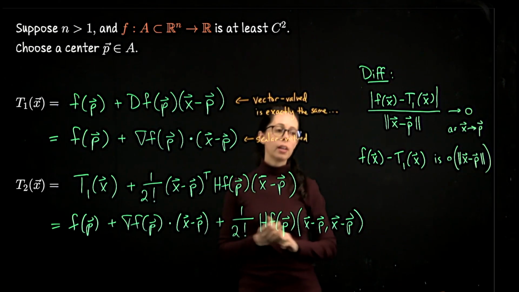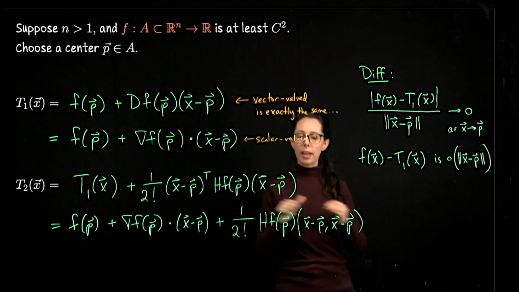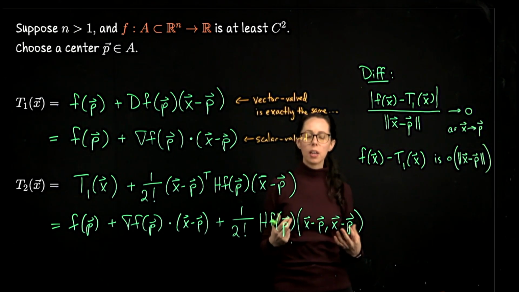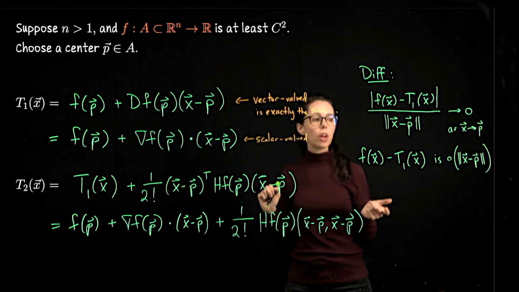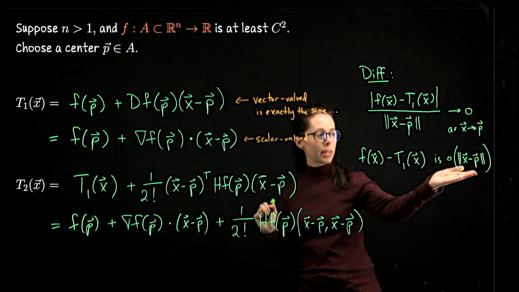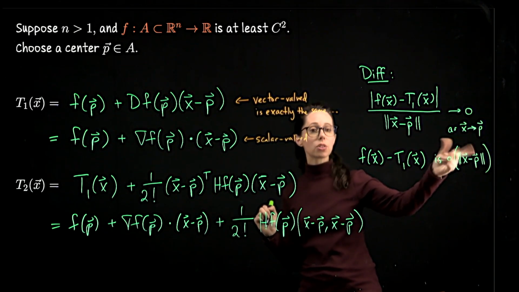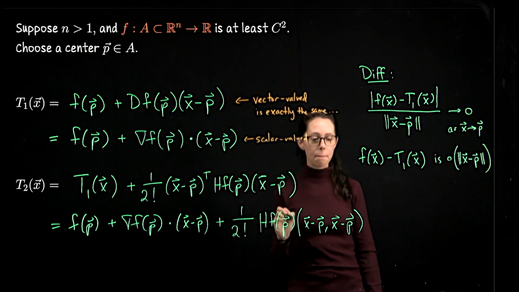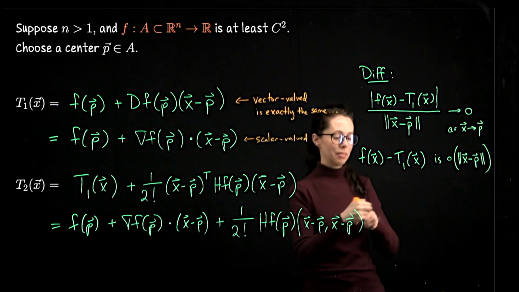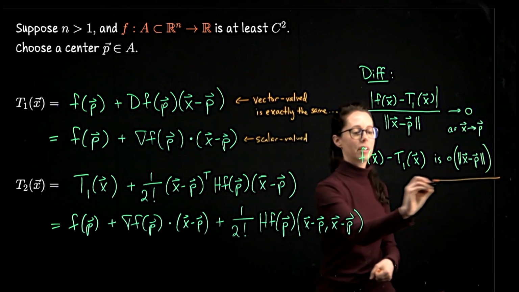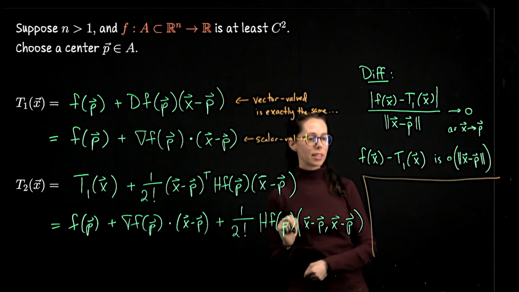And also, we want to check that the remainder, so the error between f and its second degree Taylor polynomial, is little o of the distance from x to p squared. So let me see if I can write that here. I'm just worried about putting things next to each other which are not actually adjacent.